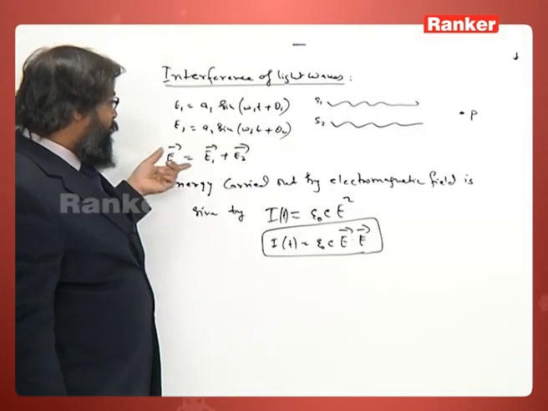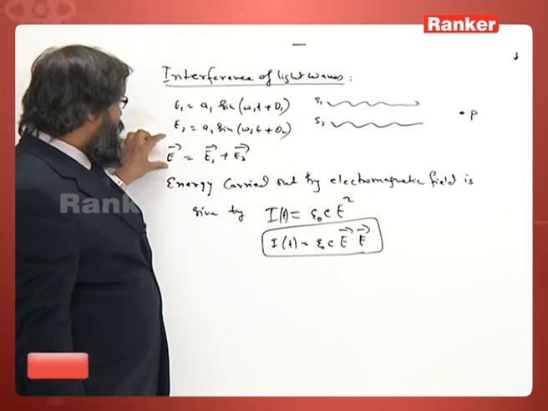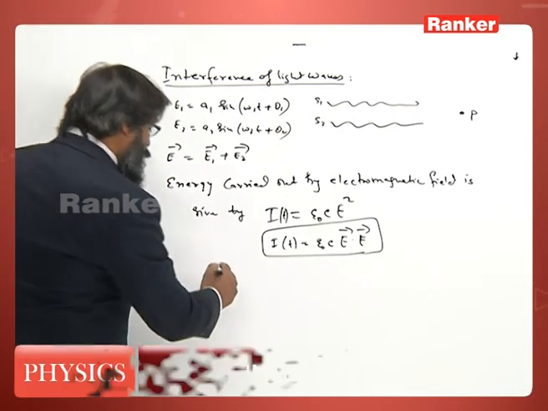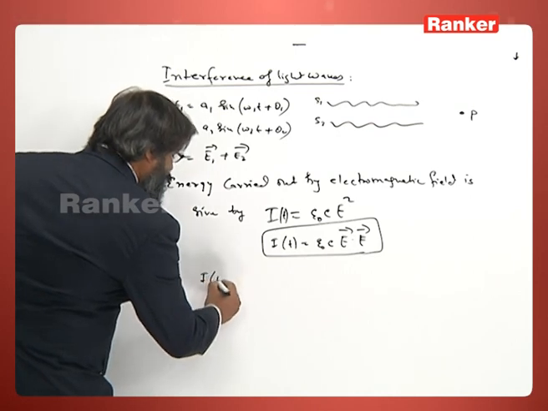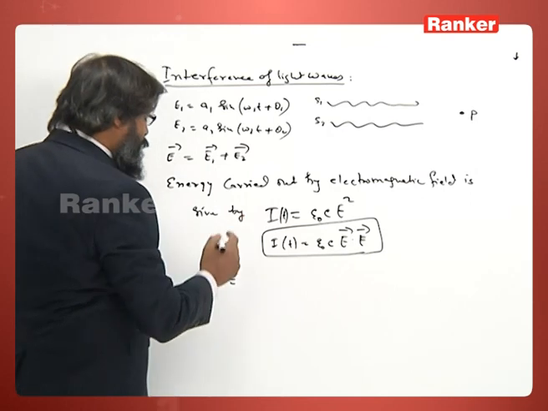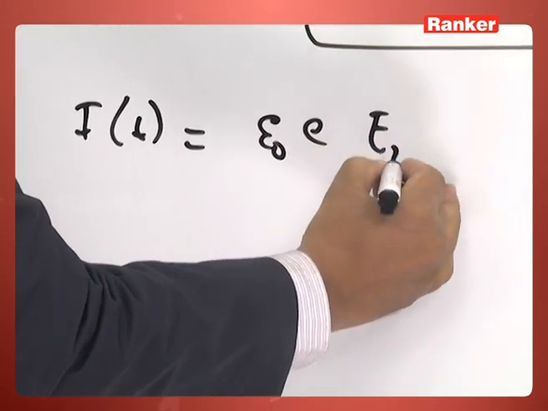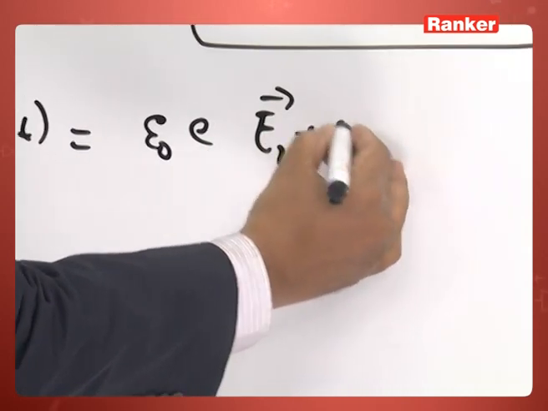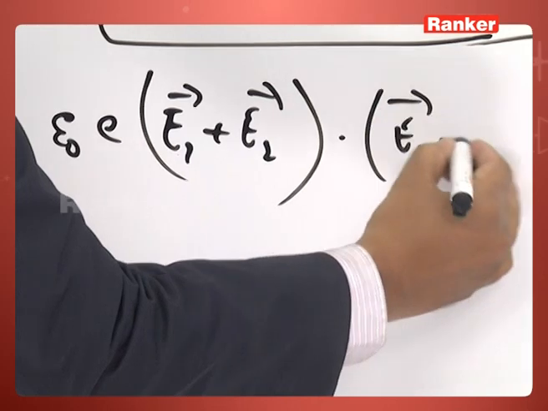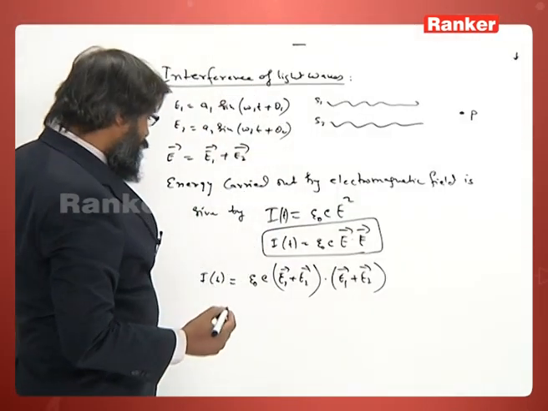Now here, when two waves at P arrive at the same time, then the resultant E is given by E1 plus E2. So in order to know the intensity at P due to S1 and S2, we will have to use epsilon naught C times (E1 vector plus E2 vector) dot (E1 plus E2 vector). We have to use this expression.